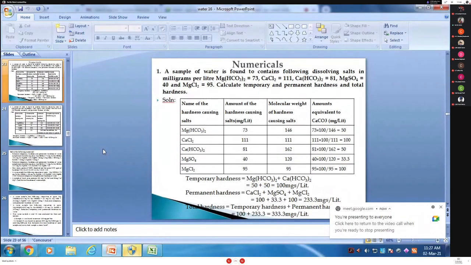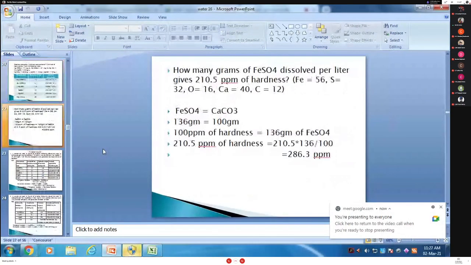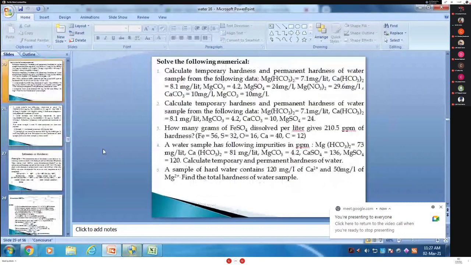Those students newly joined, write down the problem on your notebook. Calculate the temporary hardness and permanent hardness of water sample from following data.